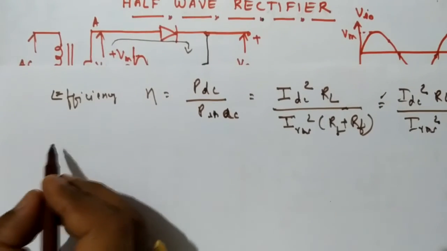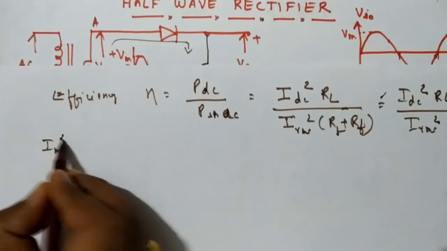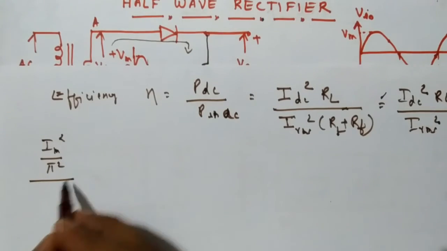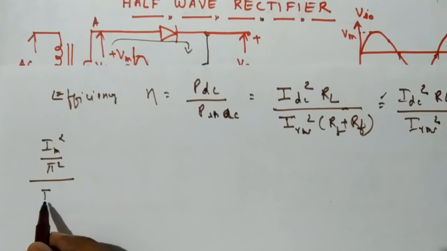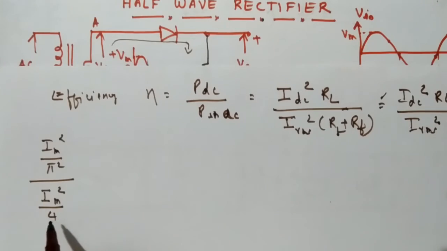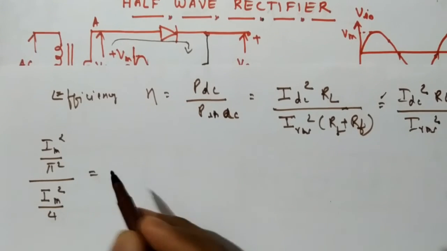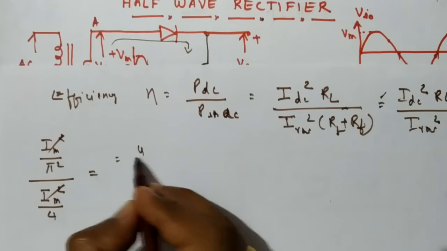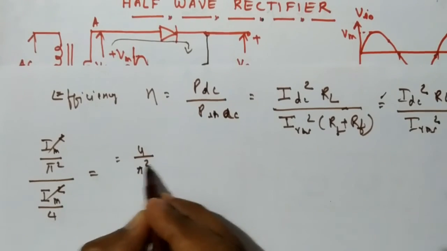Therefore this is equal to Im square divided by pi square, divided by I RMS square, which is Im square divided by 4, because I RMS is Im by 2. Im square gets cancelled. This is equal to 4 divided by pi square.